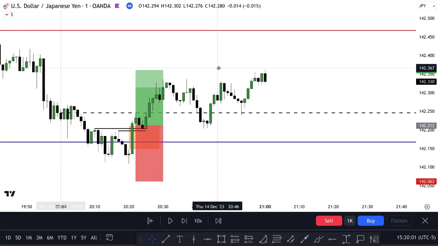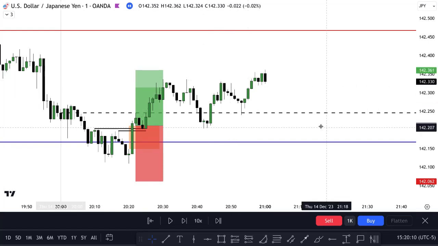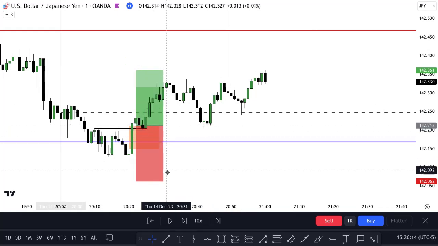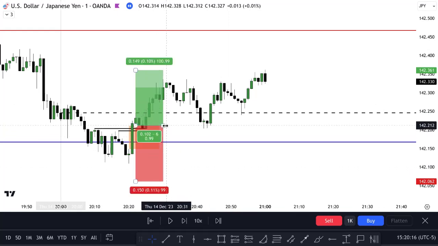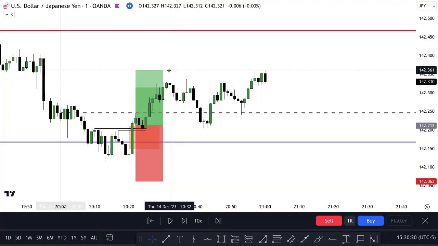So the 2% was $200 because the equity of the account was 10 grand. So 2% of 10 grand is $200. So in this setup, I was risking $200 as a loss or $200 as a possible profit. And I made $200 profit off of that model.